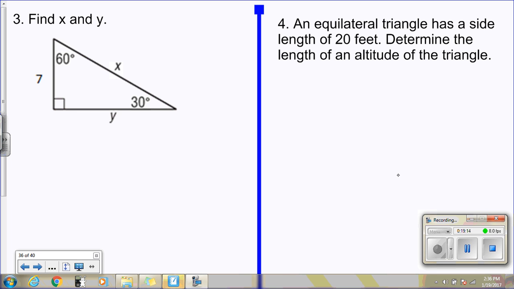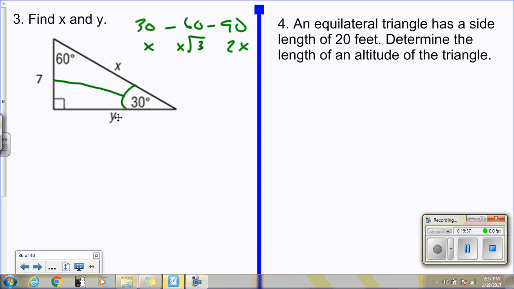So on number 3, again, we're going to find x and y. We have the side across from 30 as 7. And if you remember your pattern, it's x, x root 3, and 2x, right? So we're given x.